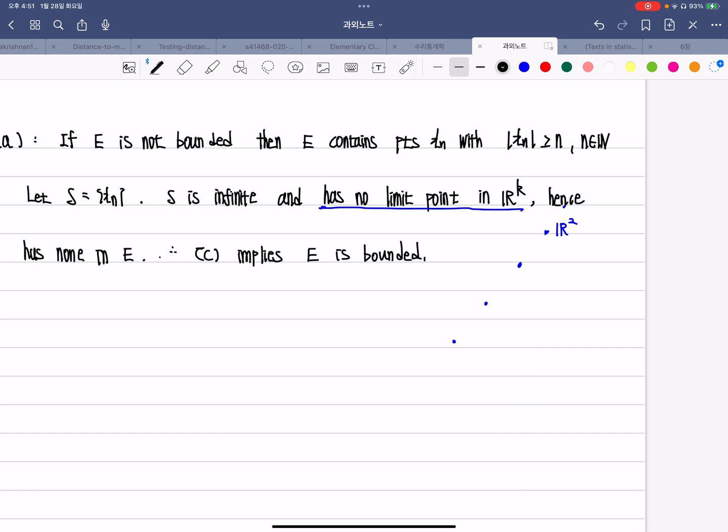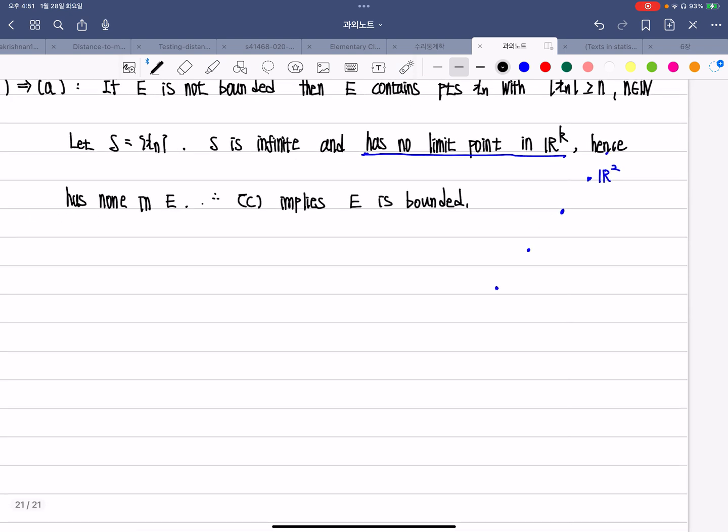Suppose there is a limit point of S, then any neighborhood of the limit point has non-empty intersection with S. But the distance between any two points of S is larger than some constant number. So there is no limit point of S.